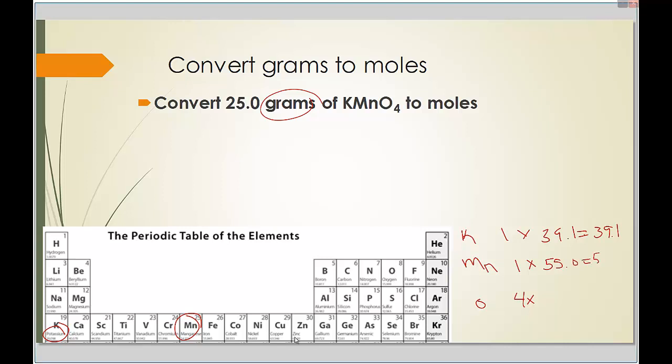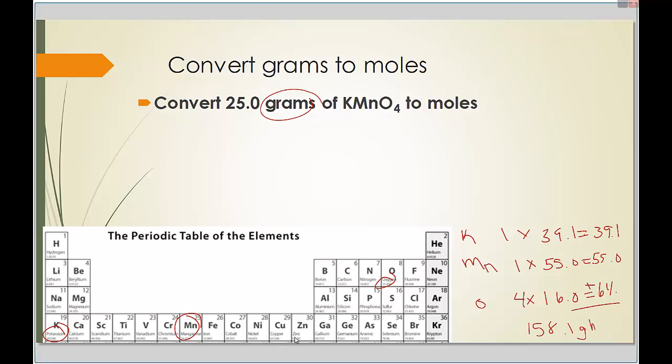And then oxygen is here, and it's 16.0, which 4 times 16 comes out to be 64.0. Add those up, and we have 158.1 grams per mole.